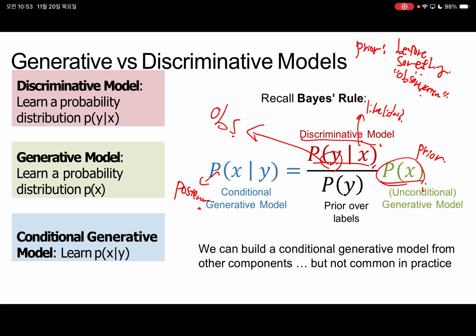Unconditional generative model is interested in this, and this one, posterior, is what conditional generative model is interested in. And the difference is whether we have observation or not. If we do not have observation, then prior. Prior means before observing something, we have some knowledge about our world, right?